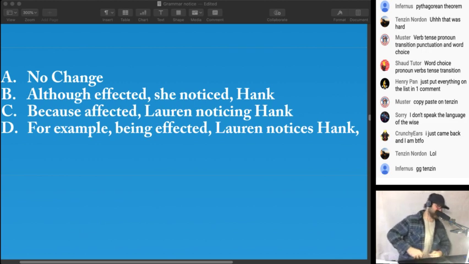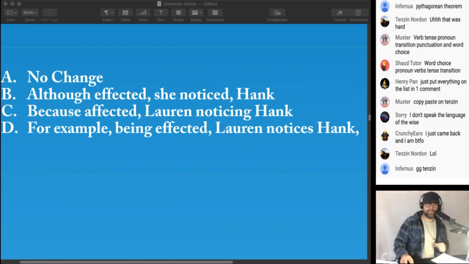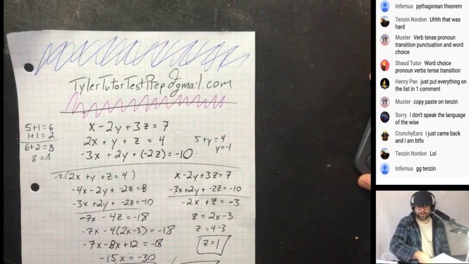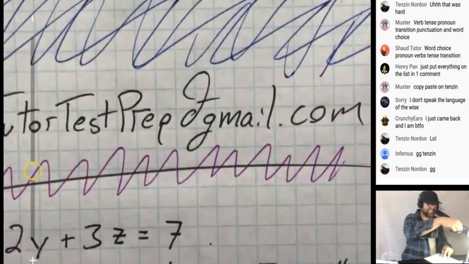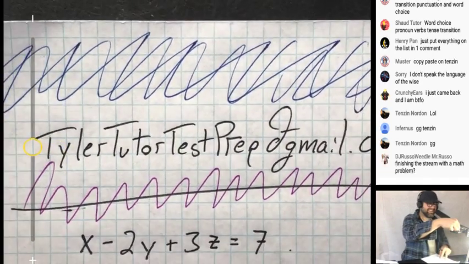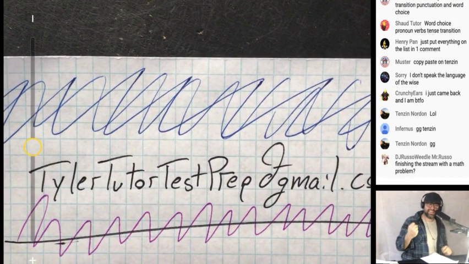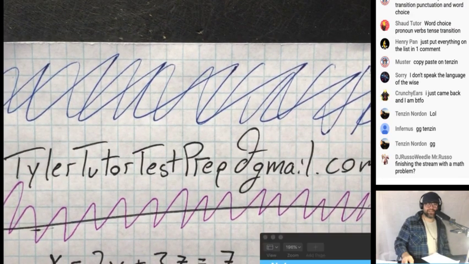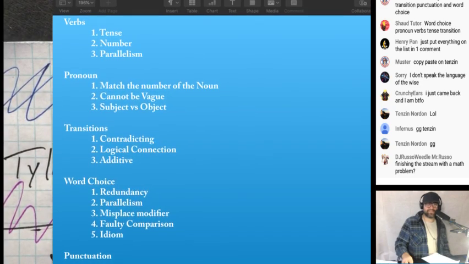GG Tenzin. So yeah, bros. That is the beginning of the grammar. If you can nail this consistently, if you can categorize the grammar into its potential parts, remember, here are our categories.